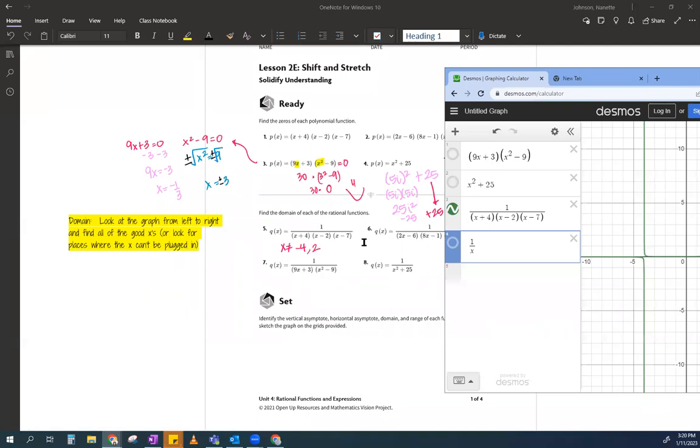Is there another number that x can't be? 7. Okay. And if you're wondering where that person got them, it's just like we did up here: in the problems that we did earlier, we set each of these equal to 0, right? So your domain is going to look like this. This is the easier way to write it. It's all real numbers, that's what the fancy R is, except x can't be -4, x can't be 2, and x can't be 7.